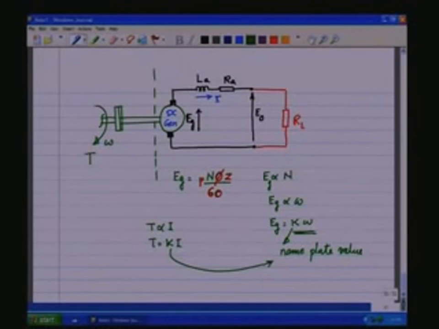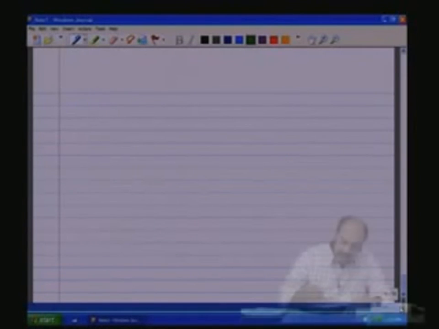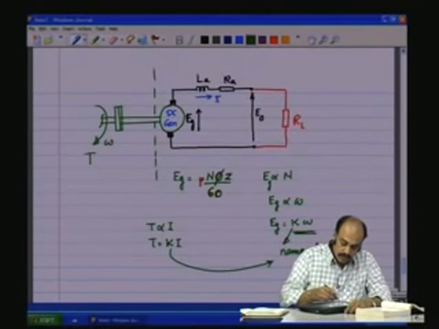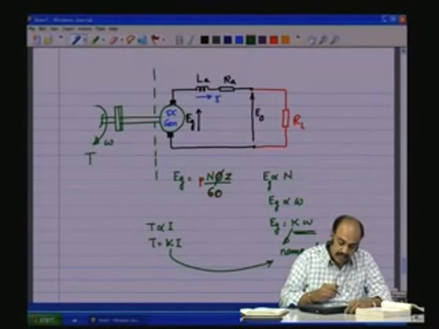So, these two are the connecting links between the mechanical and the electrical side. So, based on this, we have two dynamic elements.